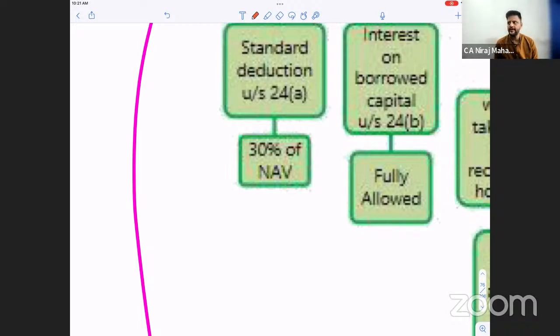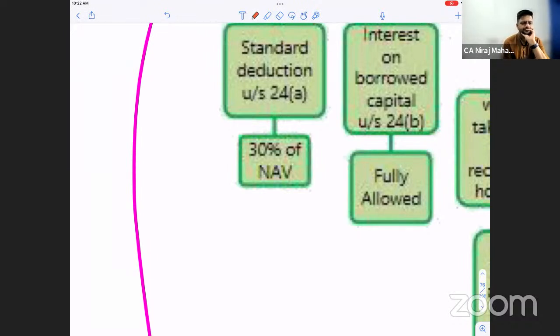Let me ask you a very simple question. GAV, gross annual value. Sorry, NAV. NAV of SOP, net annual value of self-occupied properties, will be positive or negative or nil. All of you.